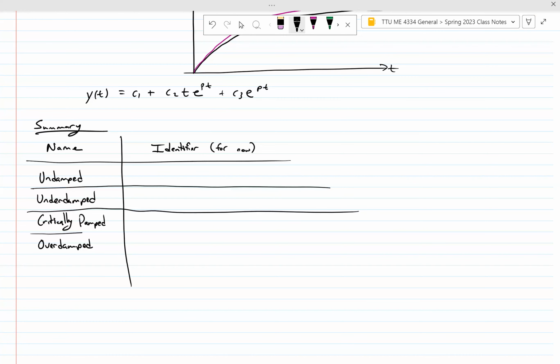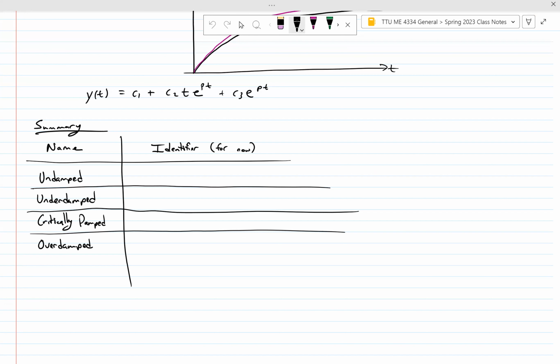How were we able to tell the difference between these guys? Based on the roots. So choose one of these categories here and tell me what was unique about their roots. Preferably from someone I haven't heard from yet, online or in person.